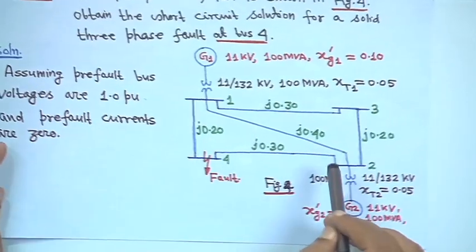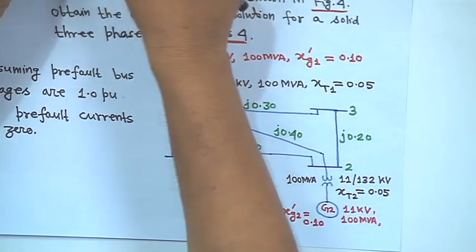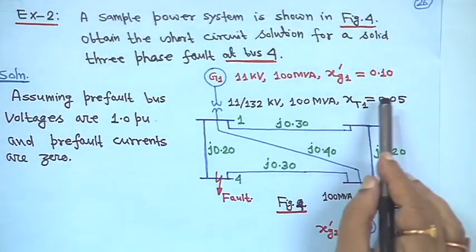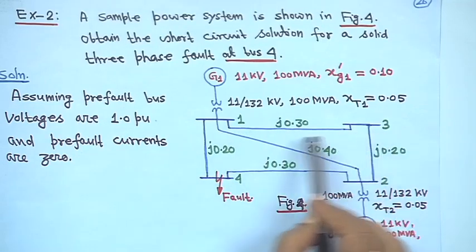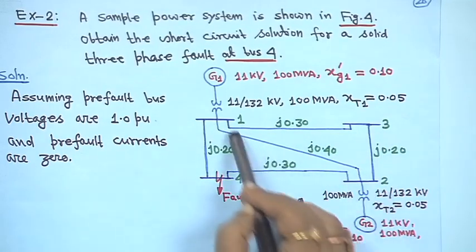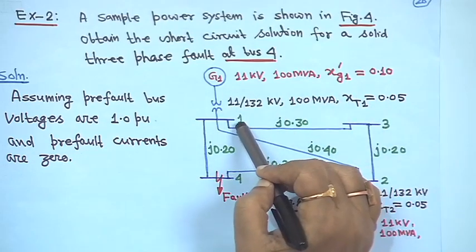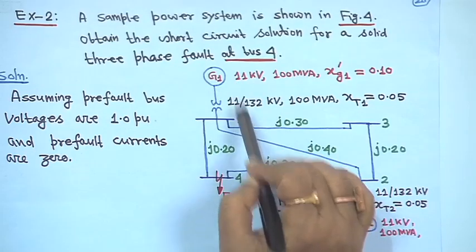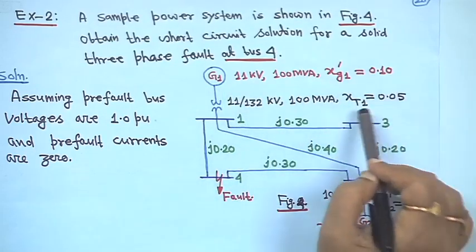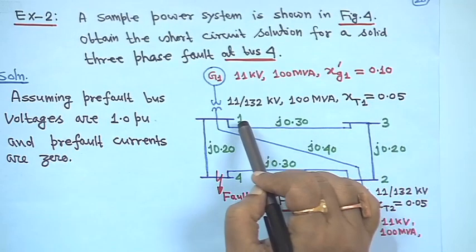First thing is you have to obtain the Y bus. When you compute the Y bus, suppose Y11 will be Y13, Y12, Y14 plus another term Y10, where some bus number is 0. The generator xg1 dash and transformer T1 you also have to consider.